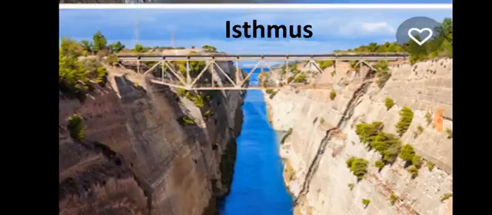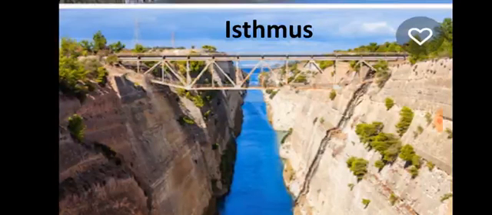Moving on, we have the Isthmus. An isthmus is a narrow piece of land between two bodies of water, and it connects a larger or bigger land. We can see the land up here.